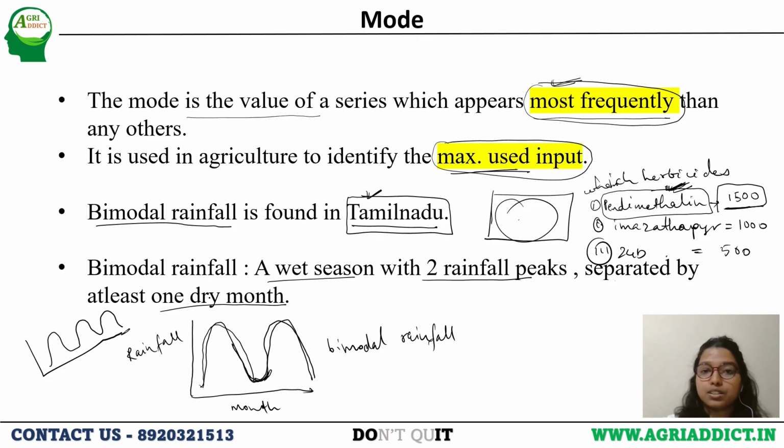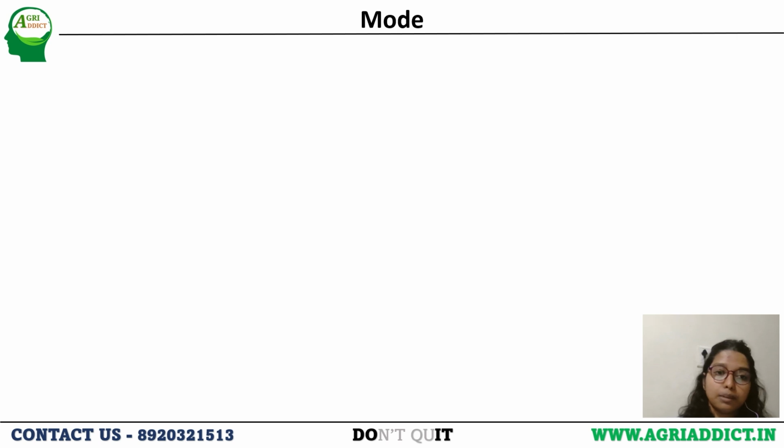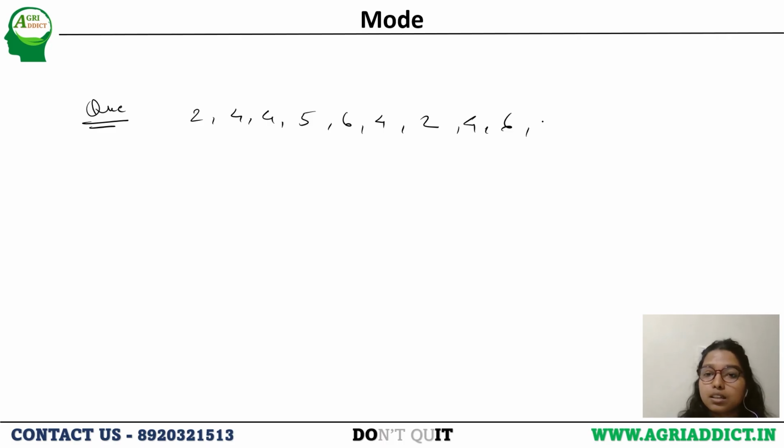Okay. Next, here we'll be calculating how to calculate mode. In the previous example, I said how to calculate, but here we will be discussing by taking a data. For say we have 2, 4, 4, 5, 6, 4, 2, 4, 6, 4. So this is the data series we have been given, and we want to find the mode of it. Now what are the values we have? 2, 4, 5, 6.